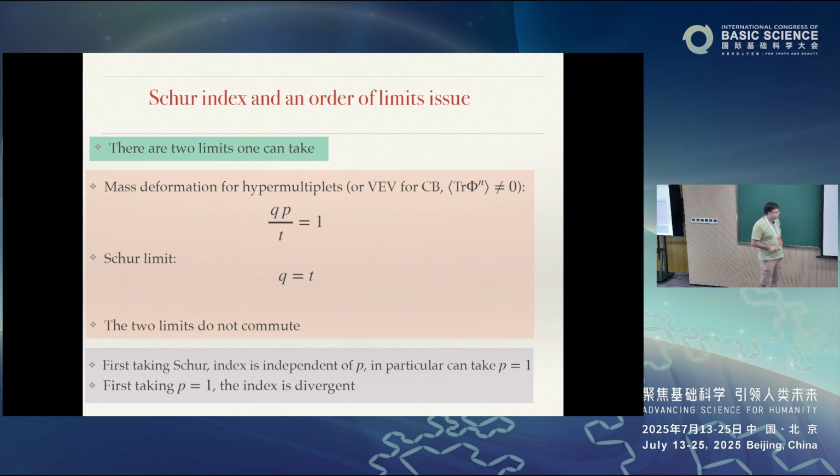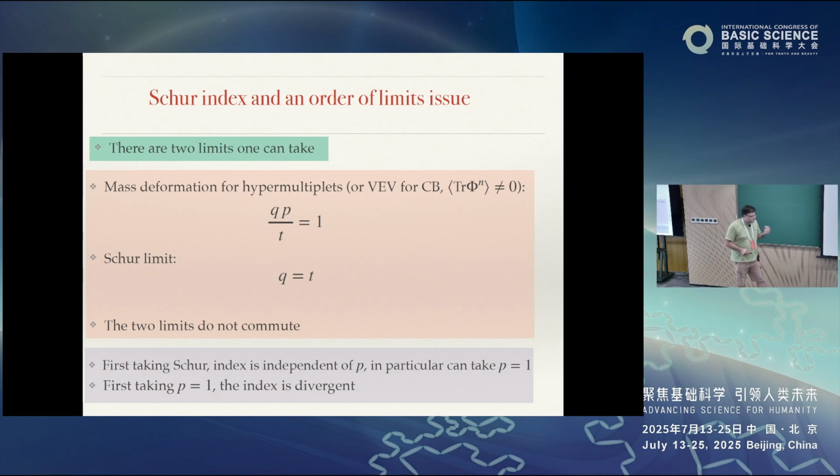So we have an order of limits issue. If we first take Schur, we set Q equals T. The index is independent of P. In particular, it is consistent with P equals 1, and in a technical sense it is consistent with turning on a mass term. So it is consistent with setting QP over T equals 1.